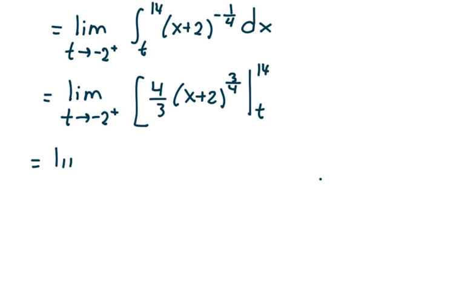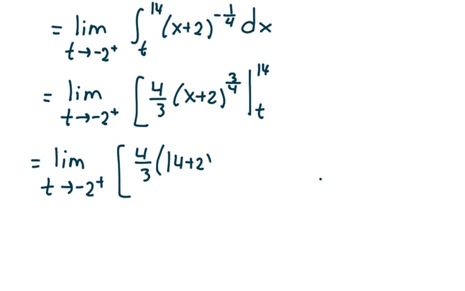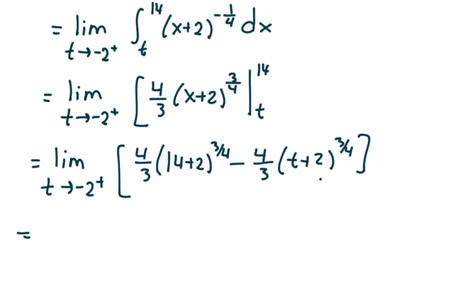And so this is the limit as t goes to negative 2 from the right of 4/3 times 14 plus 2 to the 3/4 minus 4/3 times t plus 2 to the 3/4. Now let's see if we can do this. As t goes to negative 2 from the right, this term drops off. It goes to 0.